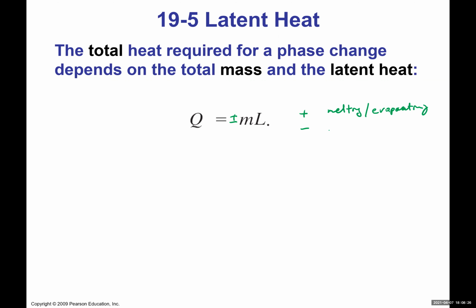And minus means then freezing and condensing. Okay. That means you can say that plus is solid to a liquid and liquid to gas, where minus here is liquid to a solid or a gas to a liquid. So then you can have that.